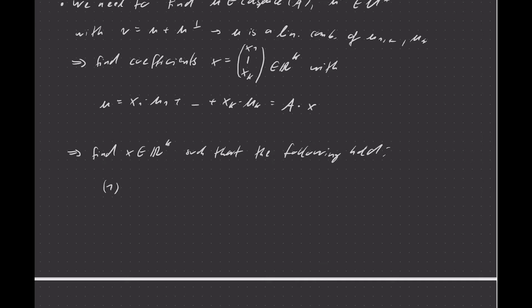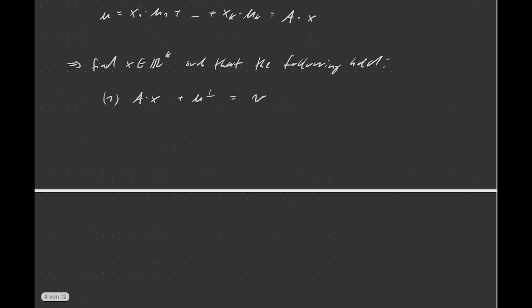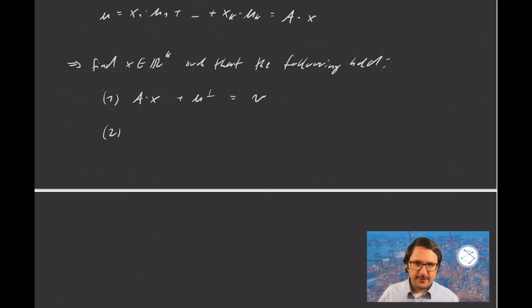The first condition is A times x, remember that is u, plus that vector u ortho is equal to v. And second, u ortho needs to be in the right space, in the orthogonal complement to U.